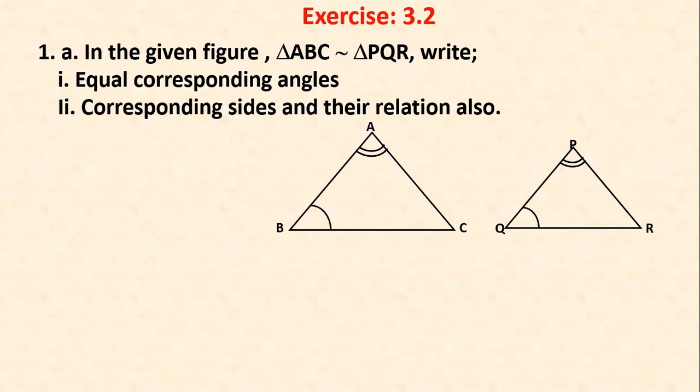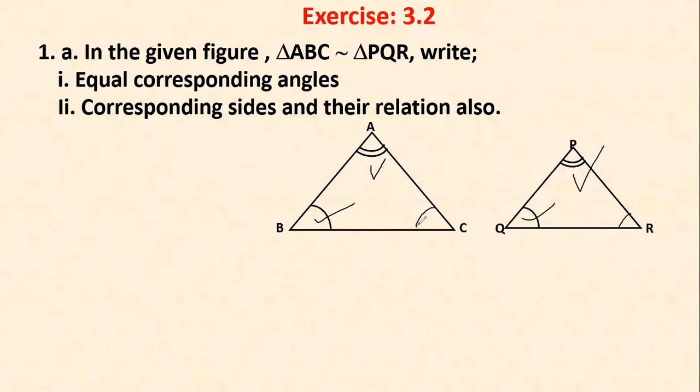According to the symbols given in the figure, please look here: angle A equals angle P, having the same symbol, and angle B equals angle Q. So the remaining one is always equal as well, isn't it?